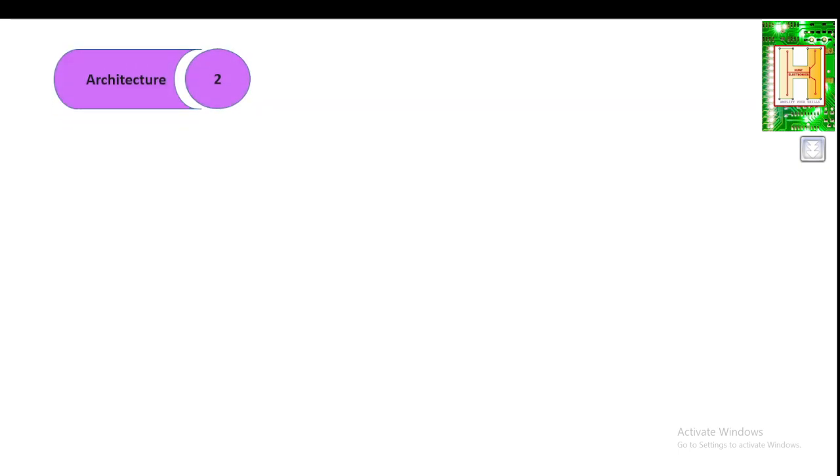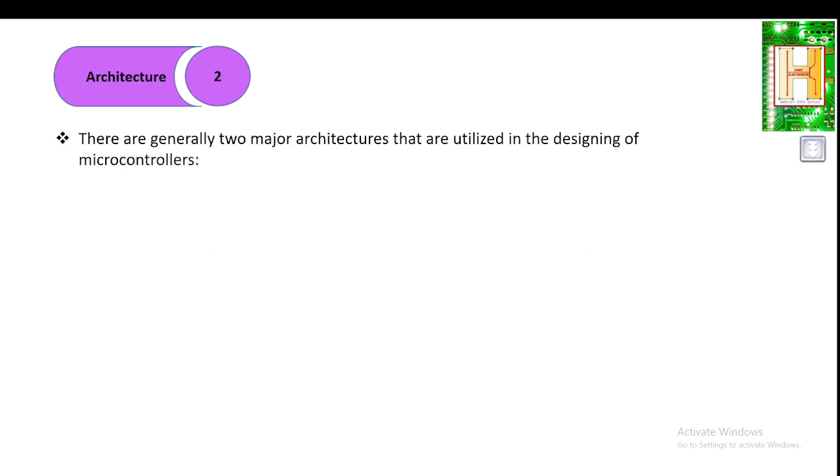The next one is the architecture. The term microcontroller architecture means how the microcontroller is designed internally. Generally there are two major architectures utilized in designing microcontrollers.